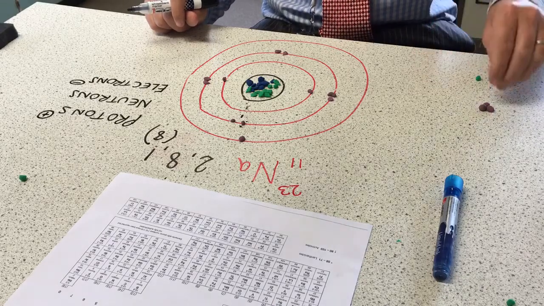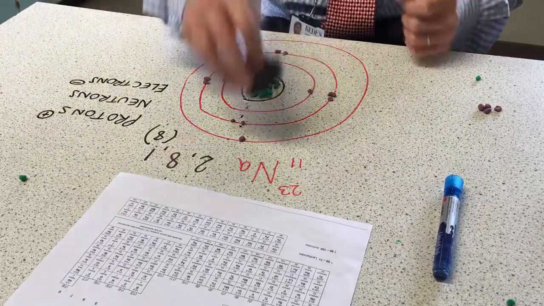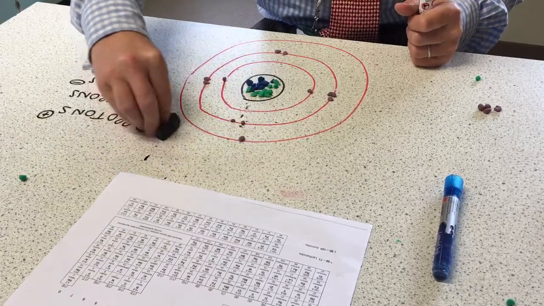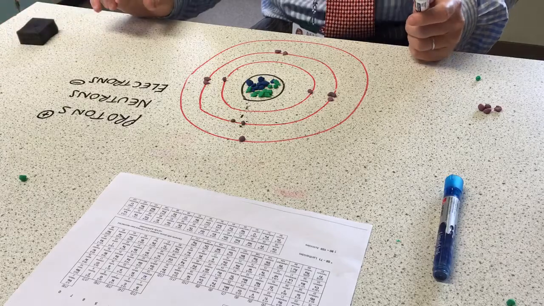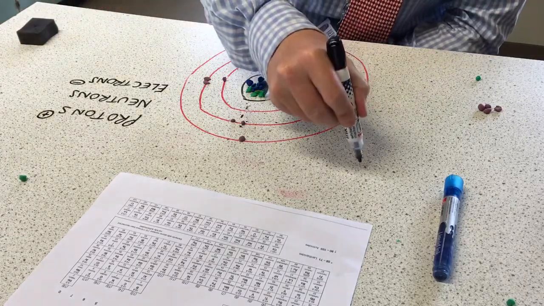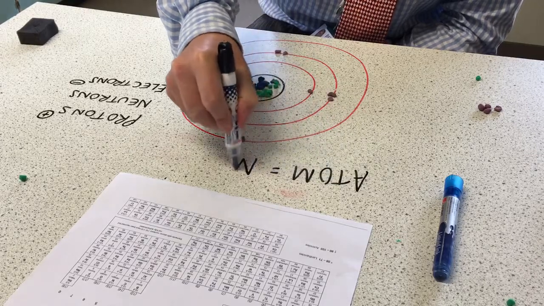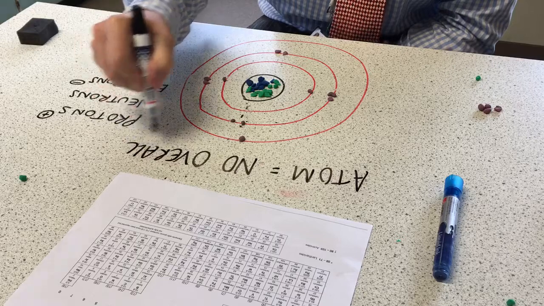Okay. Last thing. I have said a number of times that you can tell that the numbers of electrons equals the number of protons in an atom. Well, the reason is that an atom has no overall charge.